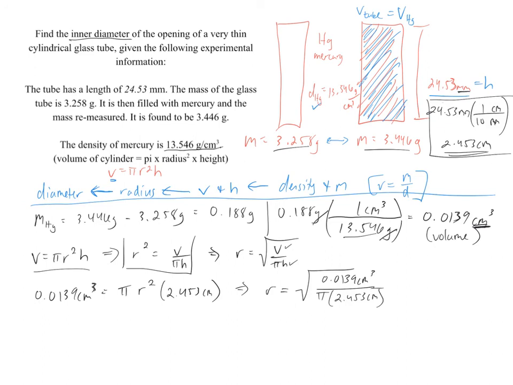Here's where your units are really important, guys. This is why it was really important to convert this to centimeters. This cubic cancels with that and gives me a square. Taking the square root of a square gives you one dimensional, just centimeters. So it's important to recognize that.